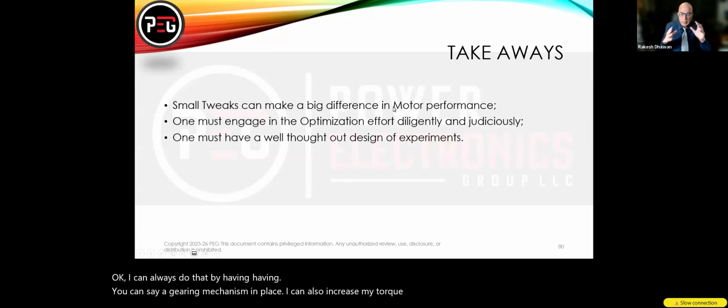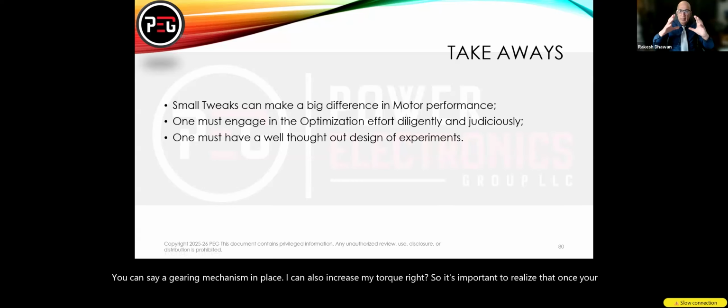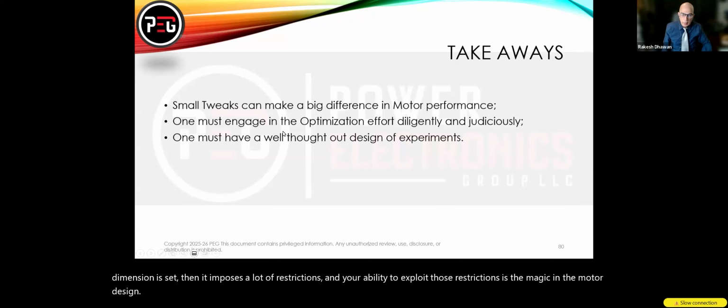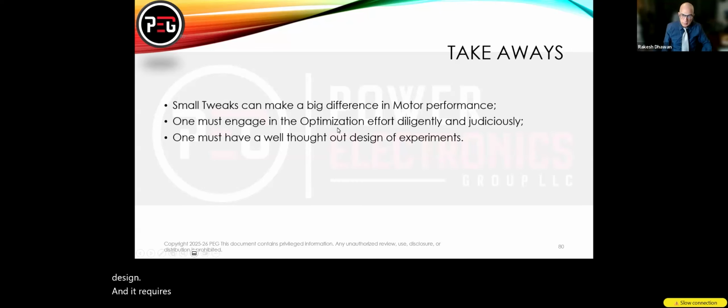So it's important to realize that once your dimension is set, then it imposes a lot of restrictions, and your ability to exploit those restrictions is the magic in the motor design. It requires significant optimization effort to be able to get to the right motor design.